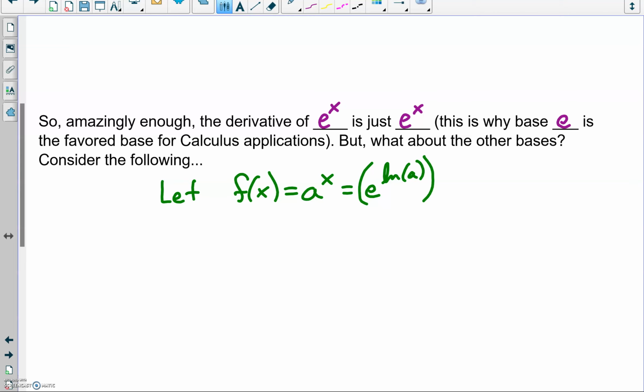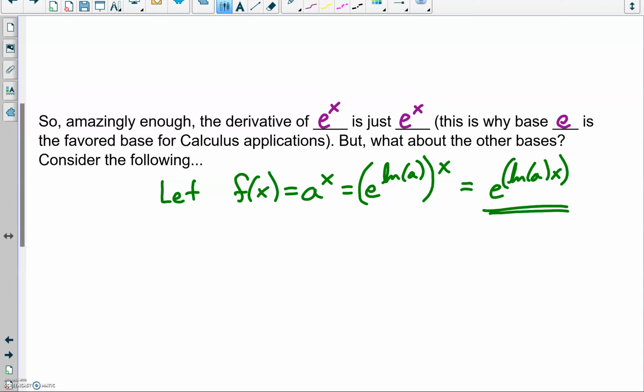That's a property of exponentials. And then I've got this x power still out there. Well, when you've got something raised to another power on the outside, you just multiply the powers together. So you've got e to the natural log of a times x, and this is all a power. And this is what I'm going to work with for the derivative.